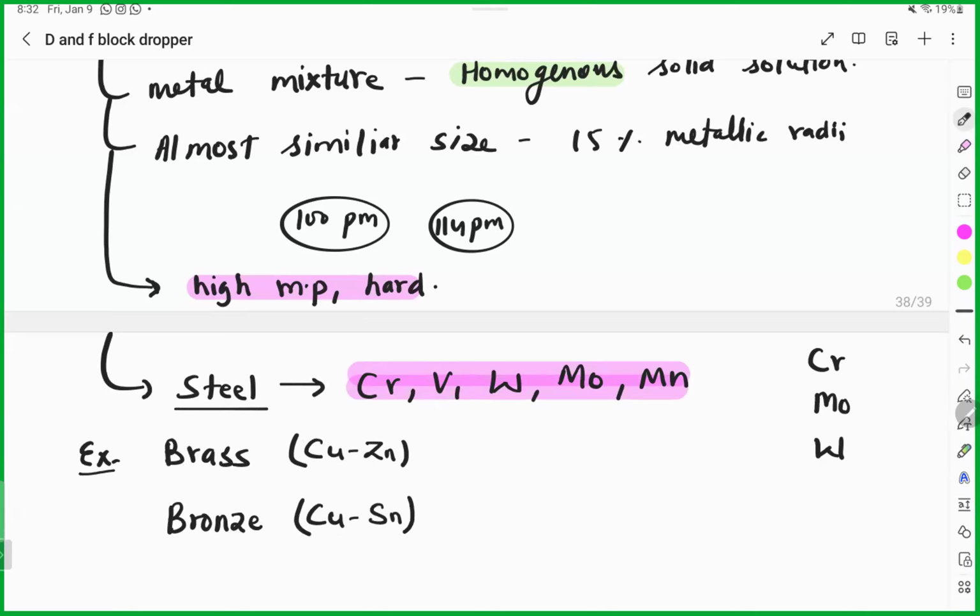Bronze has Sn, tin, and brass has zinc. That's why brass is a little bit softer. And you will see the size of copper and zinc is very close to each other. That's why they are homogeneously mixed. Right? They are homogeneously mixed.